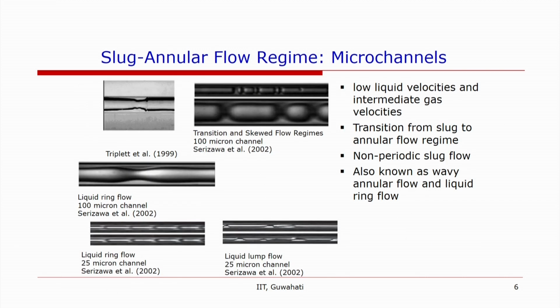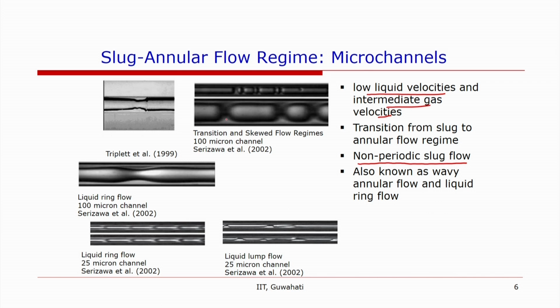Further on, slug-annular flow. So, I will also keep slug-annular flow in the category of transition flow regimes between slug flow or Taylor flow and the annular flow regime. It can be characterized by two processes. It occurs at low liquid velocities and intermediate gas velocities, and one can have it when the slug flow, which is periodic, starts becoming non-periodic.